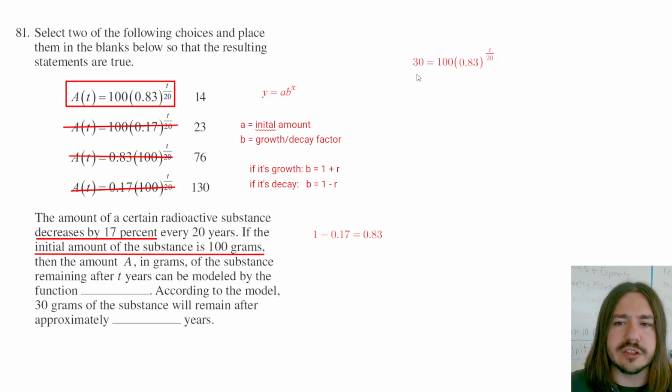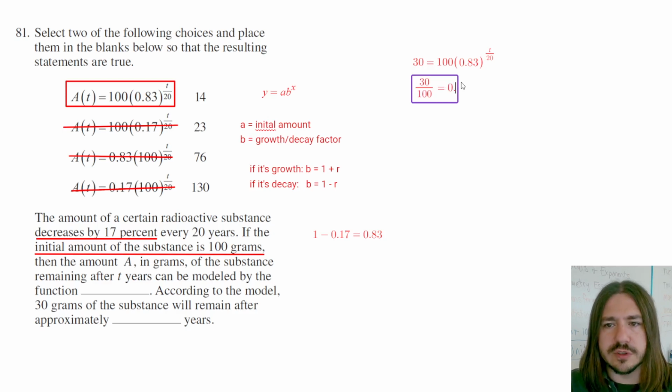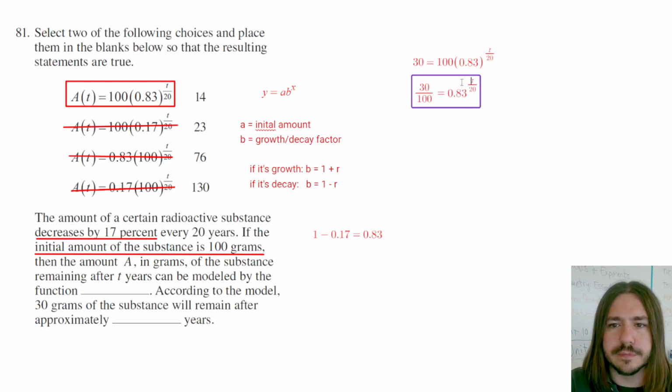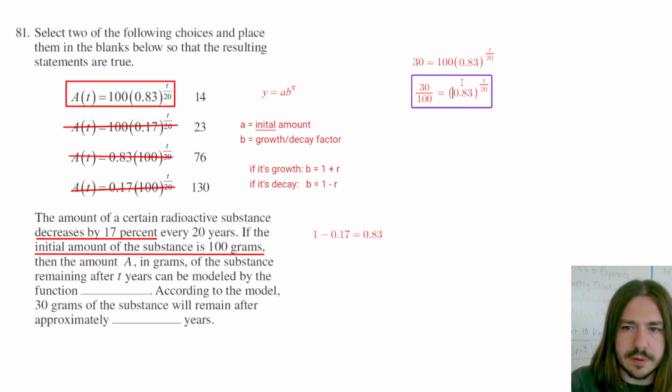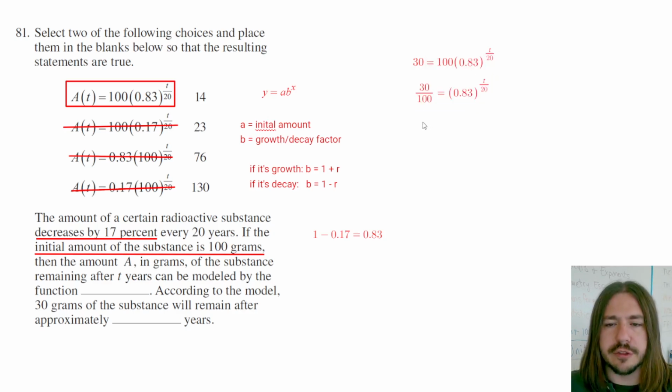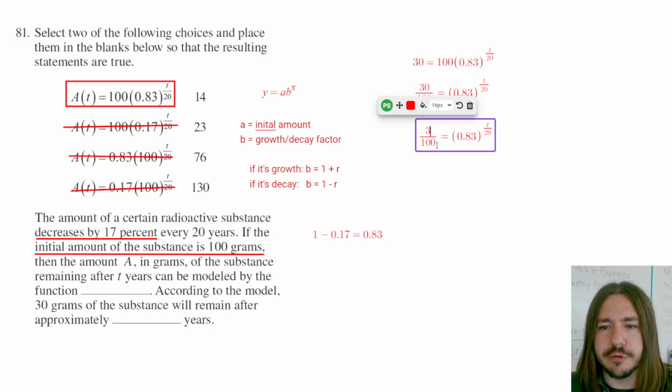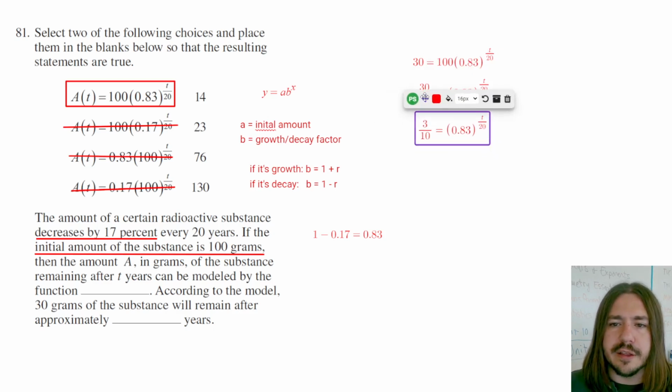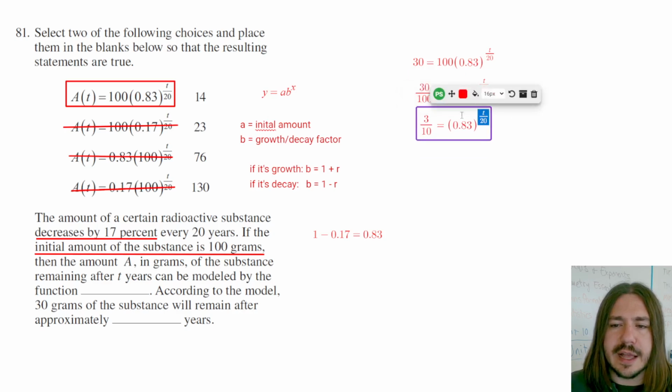The way you would work this algebraically is first you divide both sides by 100. So 30 divided by 100 is equal to 0.83 to the power of T over 20. Now I'm going to reduce this: 30 over 100 reduces to 3/10, just to clean that up a little. And then to isolate this exponent, we need to rewrite this as a logarithm.